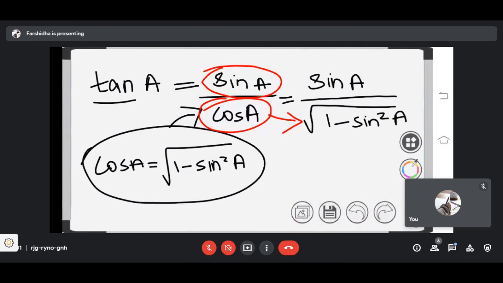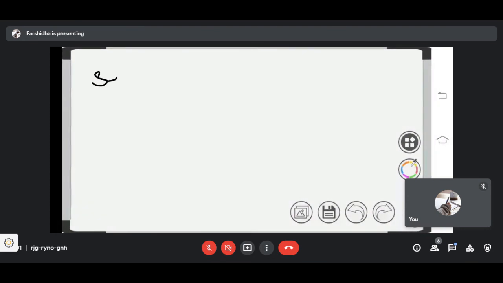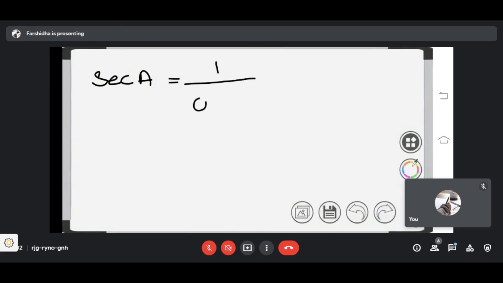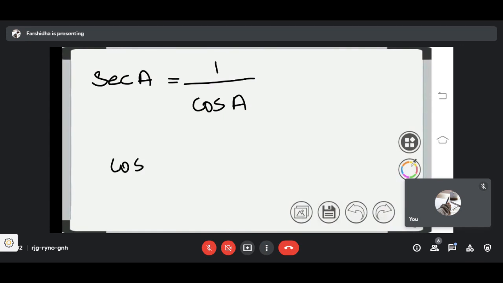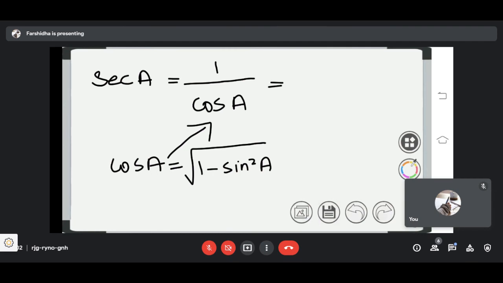Now sec. So sec A you can write as, I told you sec and cos are reciprocals. So you can write sec equal to 1 by cos A or cos equal to 1 by sec A. They are reciprocals. So I can write sec A equal to 1 by cos A. See, cos we have already found, cos A equal to root of 1 minus sin square A. So replace this cos A by root of 1 minus sin square A, equal to 1 by root of 1 minus sin square A. That's it.